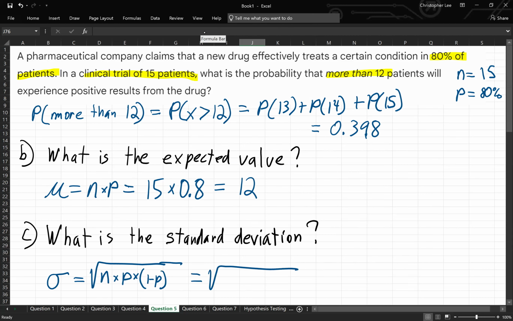This becomes square root of 15 times 0.8 times 1 minus 0.8. What's that answer? 3.3466. Perfect.